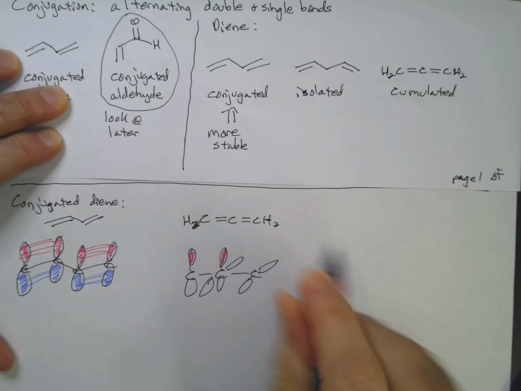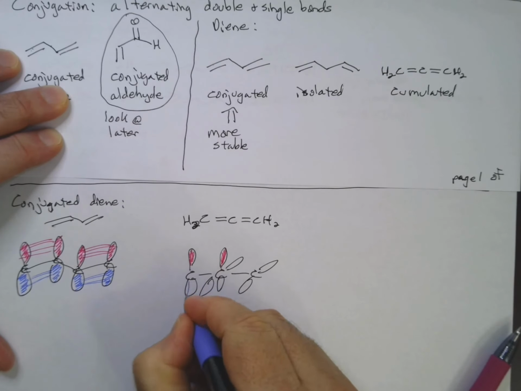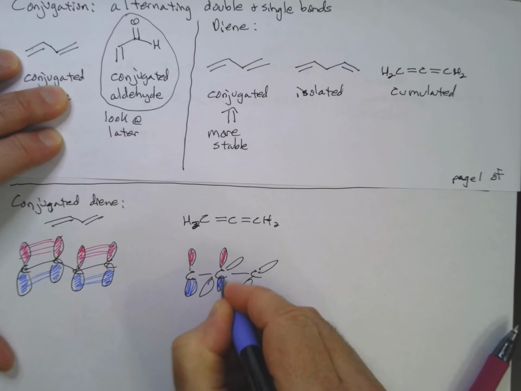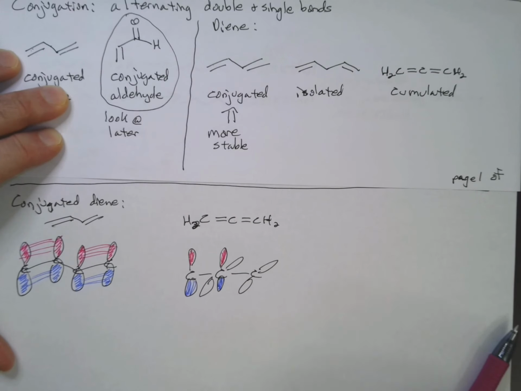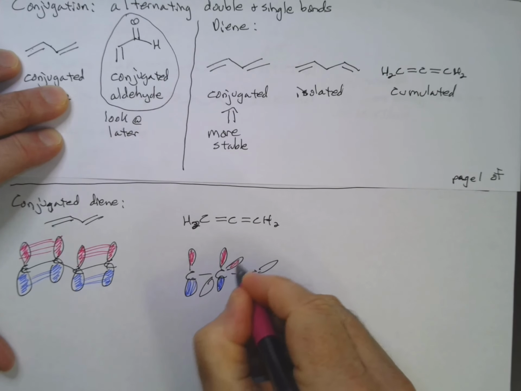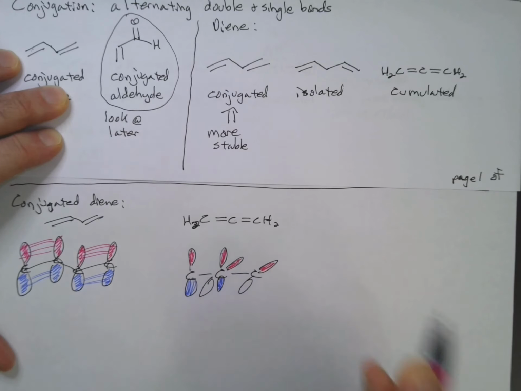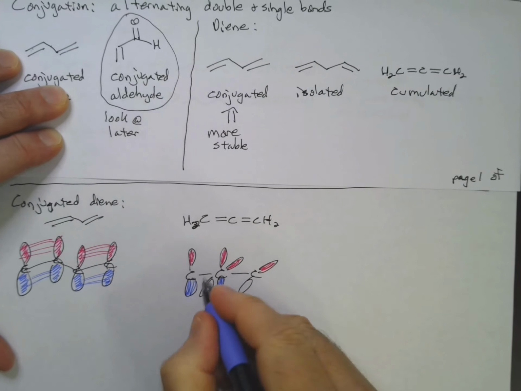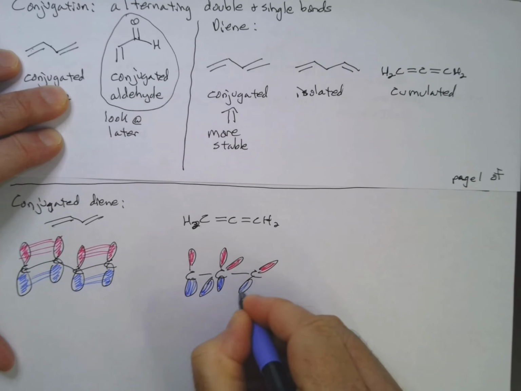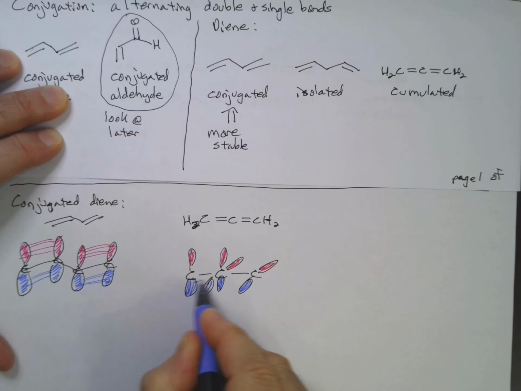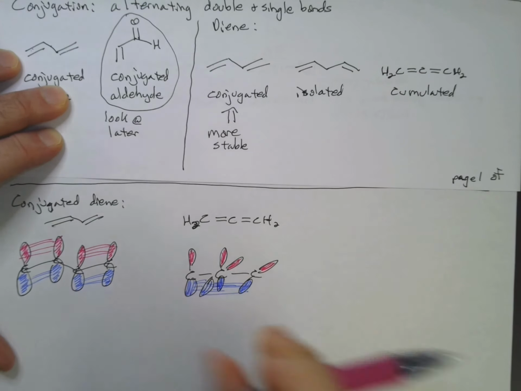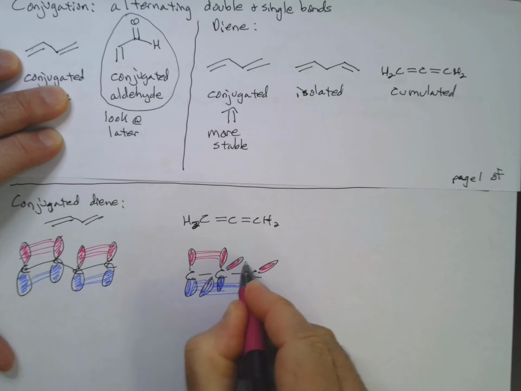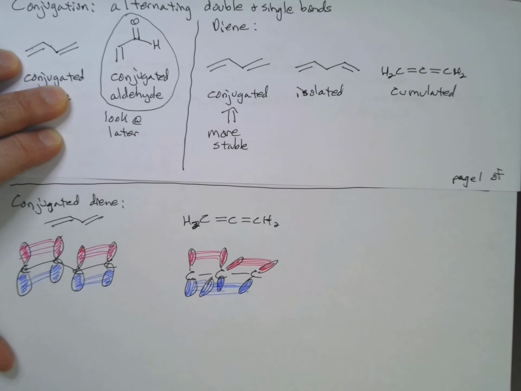So it has 2 sp orbitals and then 2 leftover p orbitals. So what we end up with is overlap, but notice that these p orbitals are at right angles to each other.